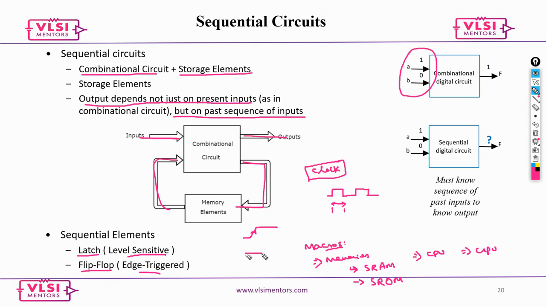If a flop triggers during the falling edge, we call it negative edge triggered. So flops capture the data from input to output during the edges only, whereas latches capture during the whole pulse. This is positive level sensitive, and if something captures when the clock is at zero, then it is negative level sensitive.